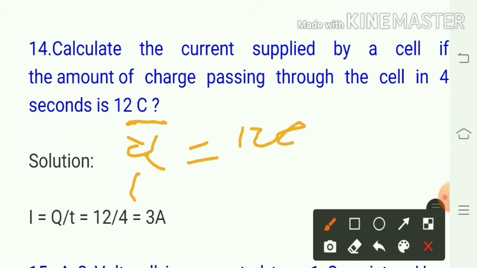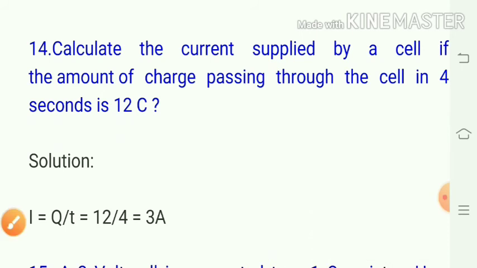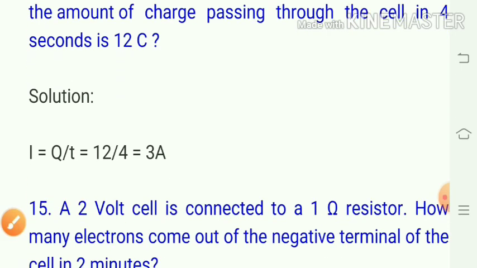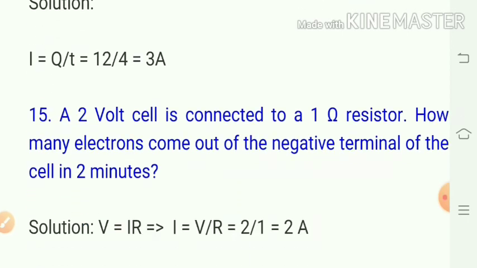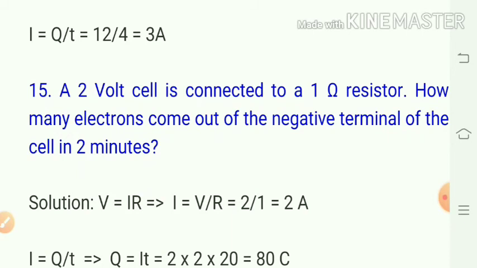Then time is given as 4 seconds. Therefore, electric current I can be calculated as Q by T, and thus its value becomes 12 by 4, which is equal to 3 ampere.